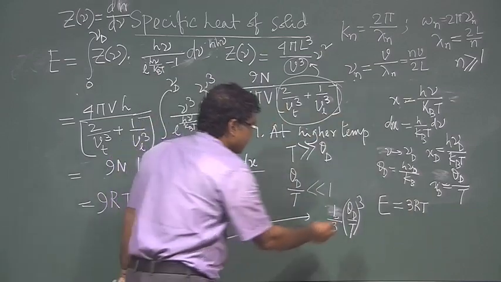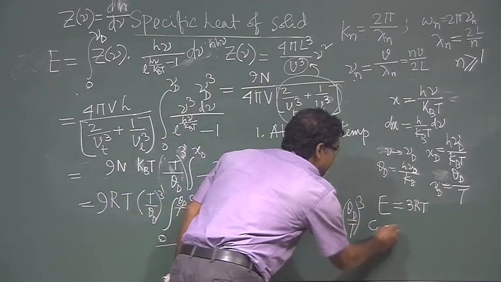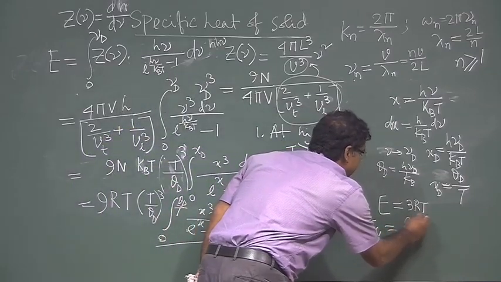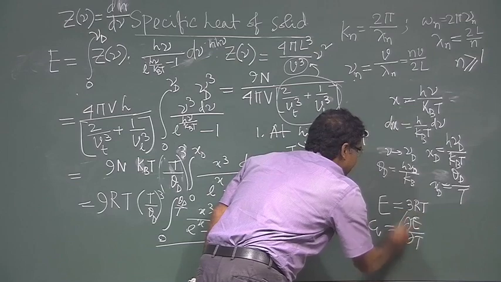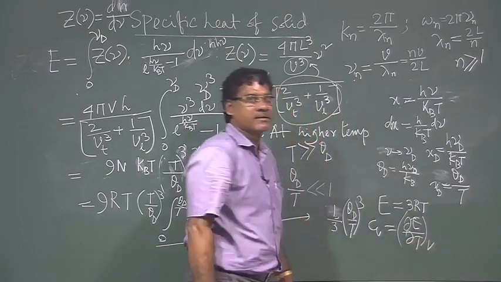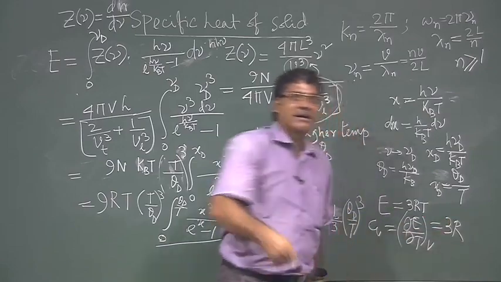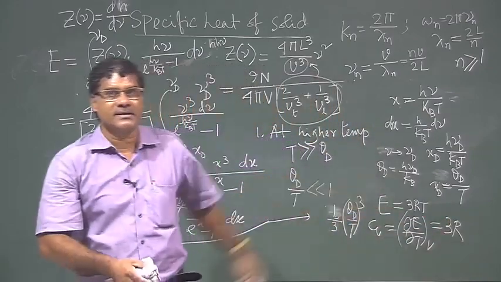So, C v equal to del E by del t at constant V, right. So, it is equal to 3 r. So, at higher temperature we are correctly getting 3 r.